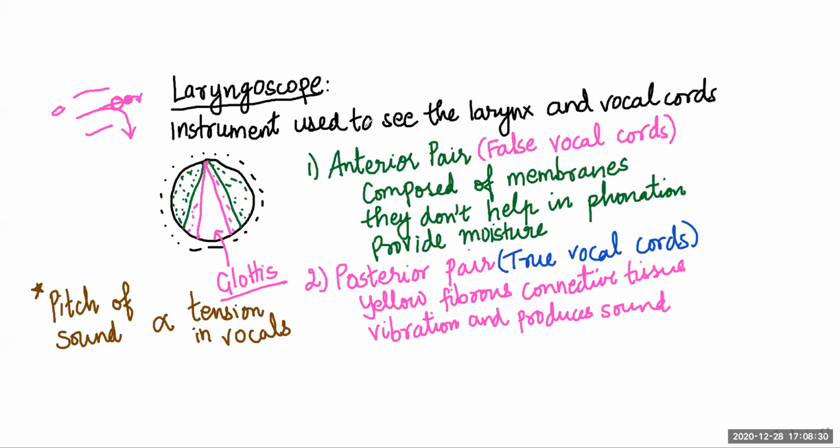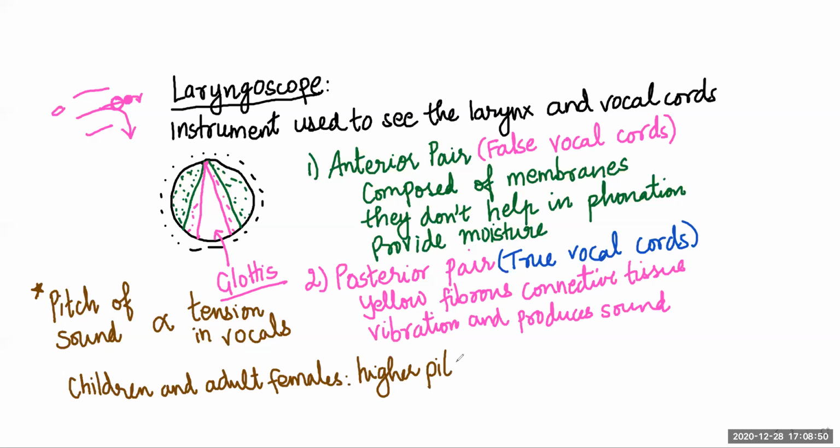Remember, children and adult females have higher pitch of sound, and that is why it is a shrilling sound. मतलब, that difference in the tonality of the voice is because of that.